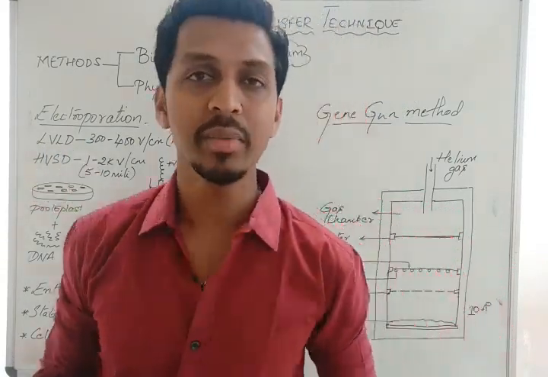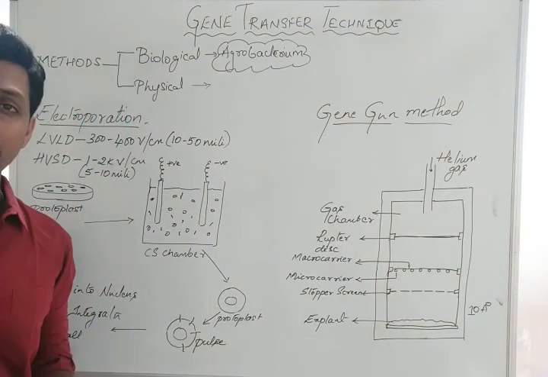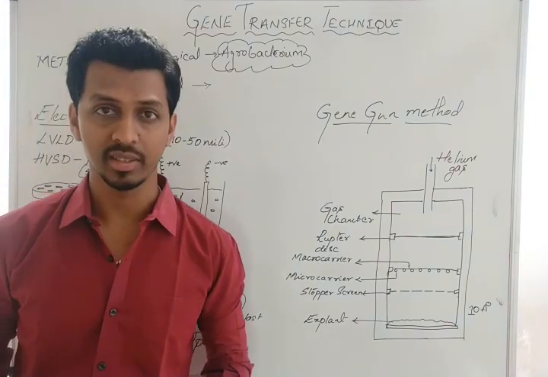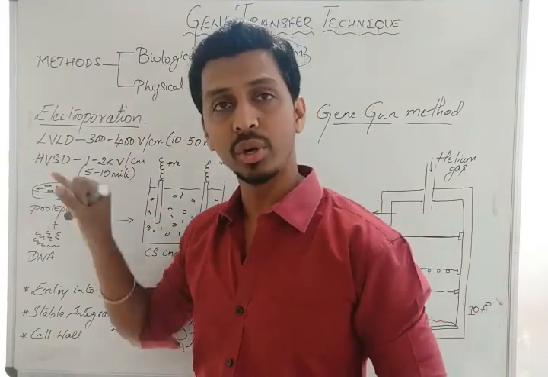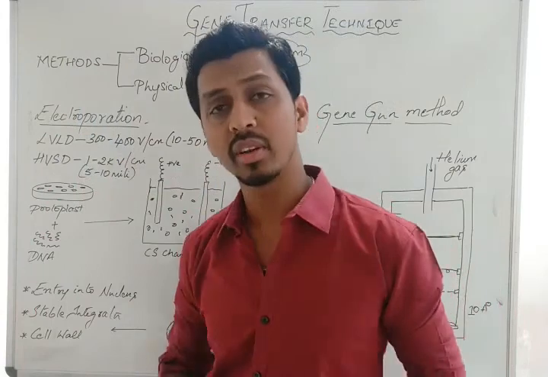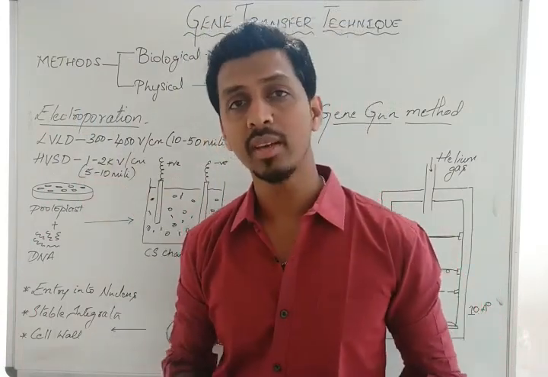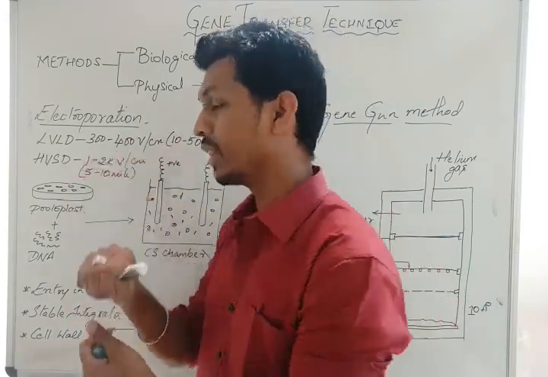In low voltage, long duration, we use a voltage of 300 to 400 for about 10 to 15 milliseconds. In high voltage, short duration, we give a voltage of around 1000 to 2000 for 5 to 10 milliseconds. Either LVLD or HVSD.